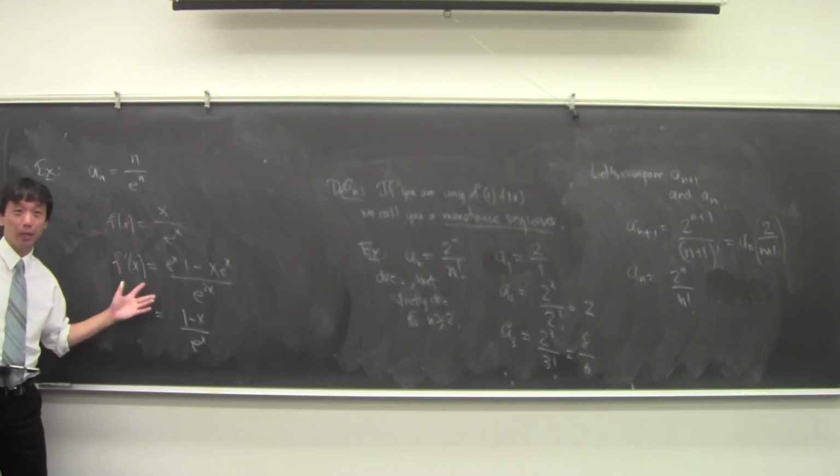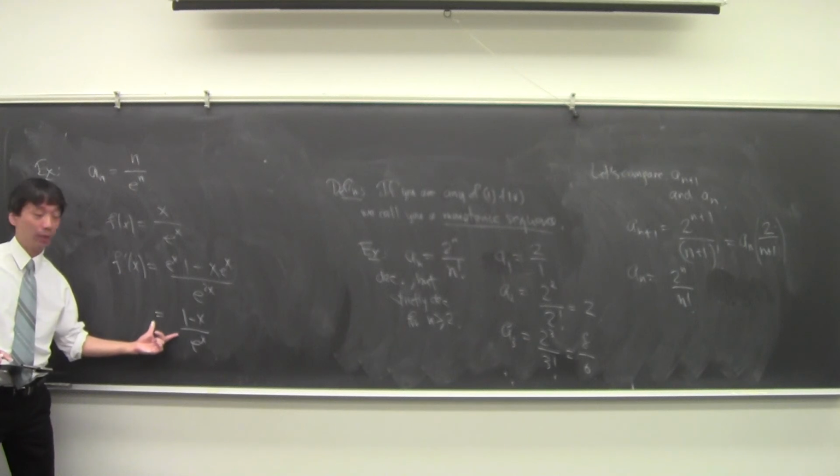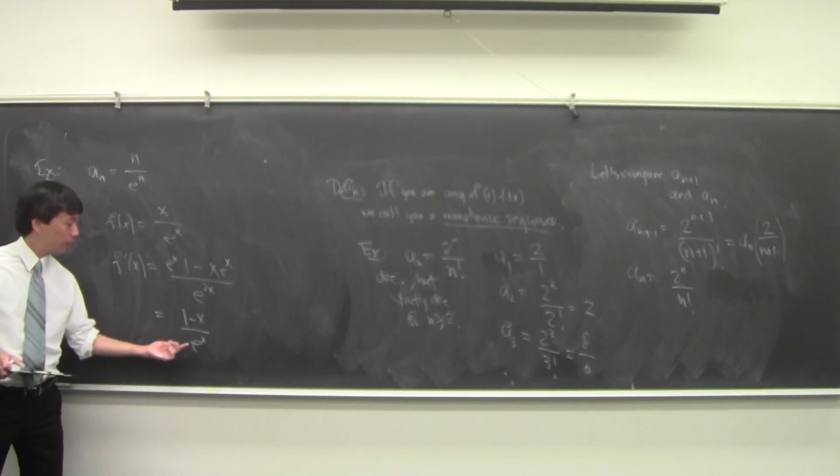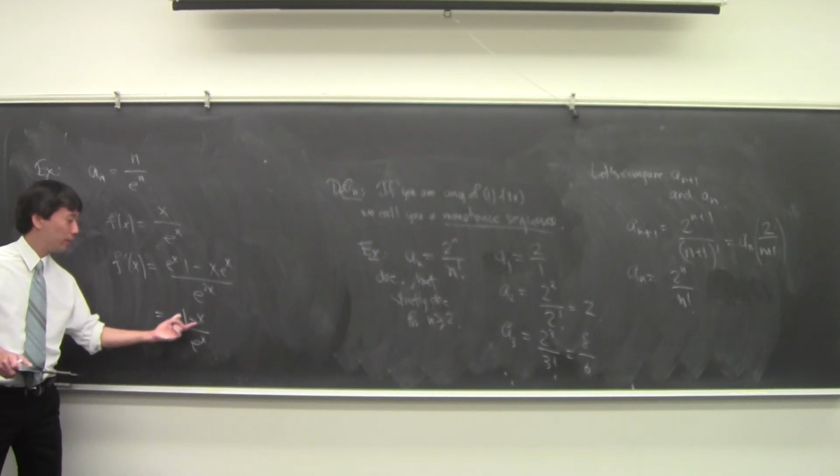So here you say, okay, look at the derivative. Is it positive or negative? Well, the denominator is what? Positive, right? e to the x is always positive. 1 minus x, as long as x is bigger than 1, is always going to be negative.